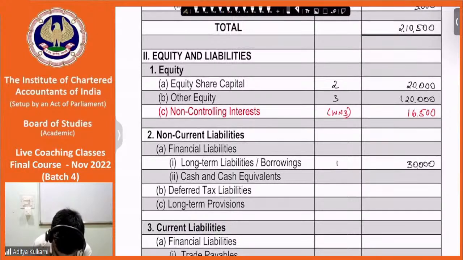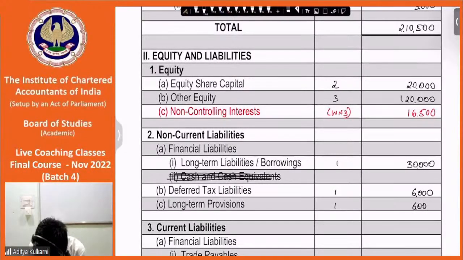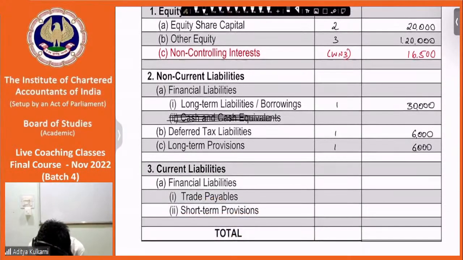In the formats this is one issue that is there. They copy paste. How is this going to come here? This cannot come as a liability. Okay. Deferred tax 6,000. Long-term provisions 6,000. Trade payables 8,000. Short-term provisions 4,000.